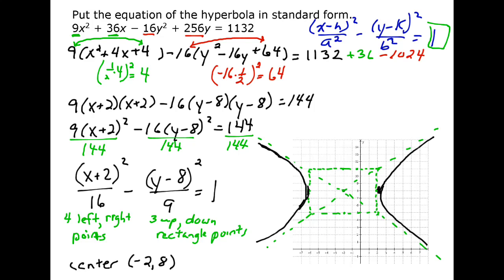So that's our hyperbola. The first set of points, this time it was the x that came first, gives you actual points on the graph, and then the term that's being subtracted gives you rectangular points to help you in your sketch, but they don't actually create points that lie on the graph.